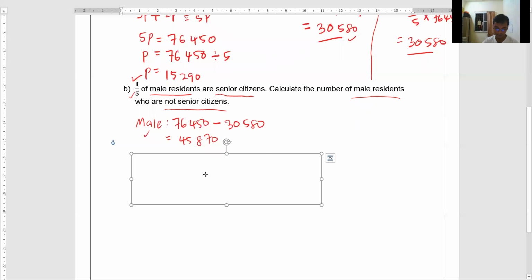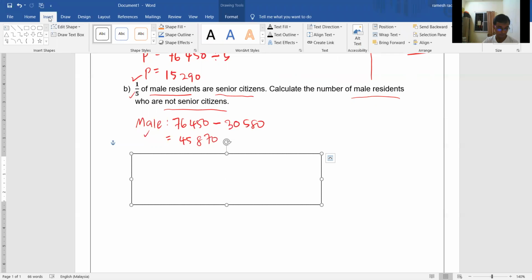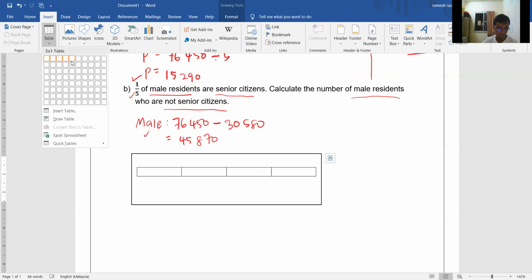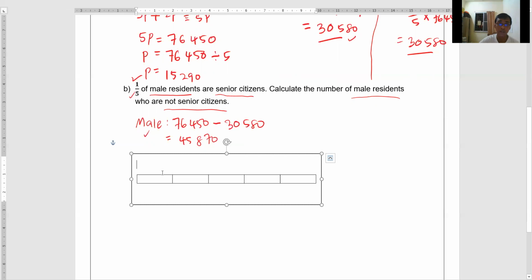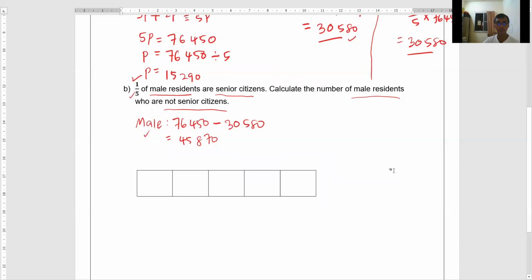I'll add some boxes here, five boxes. Okay, look at this.